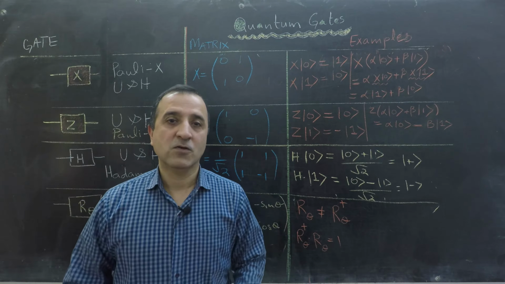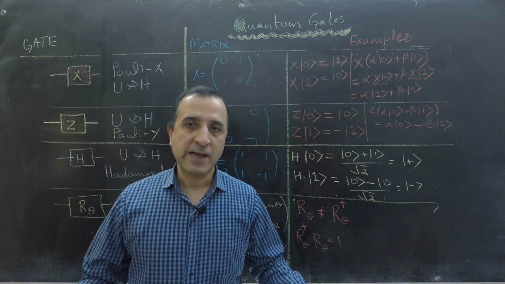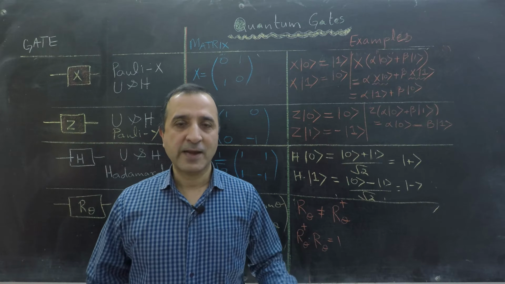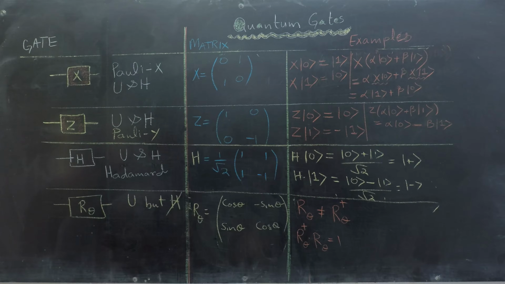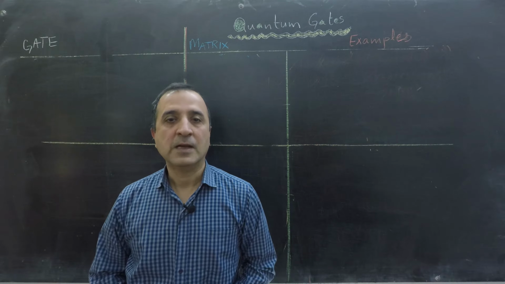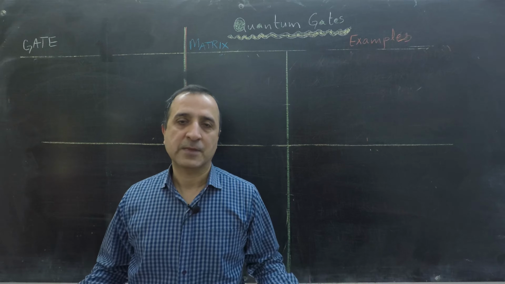Now let's look at two-qubit gates like control gates and swap gate and so on. For that I must create the board first. It is time to look at many two-qubit gates.